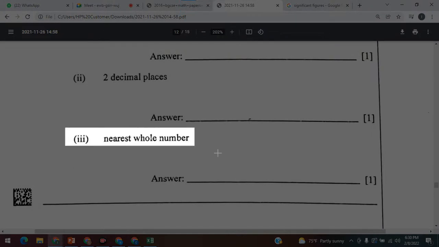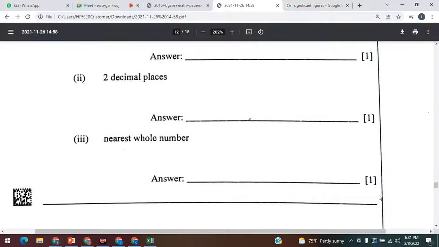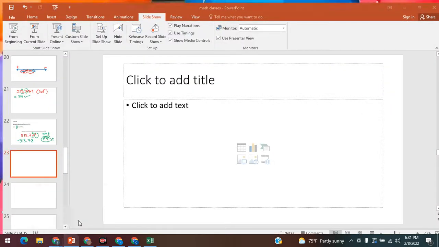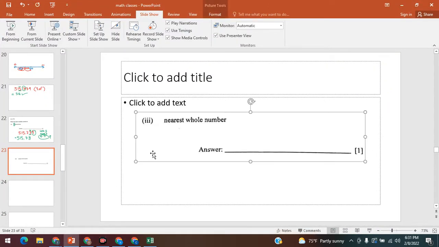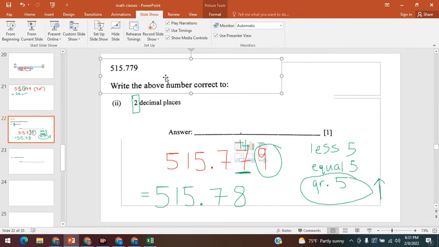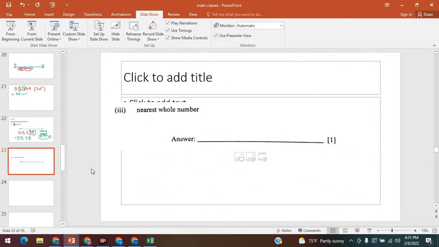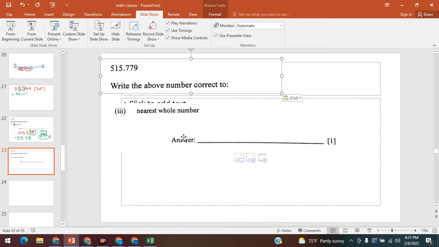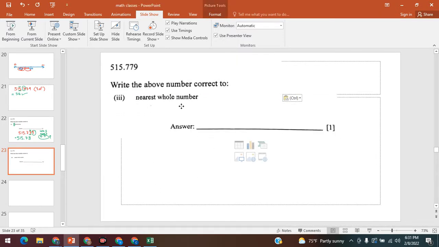To the nearest whole number. What is a whole number, by the way? Let me hear these definitions from you. What is a whole number? Examples are 1, 2, 3, 4, 5, 6, but I want the definition. A whole number is a number greater than 0?